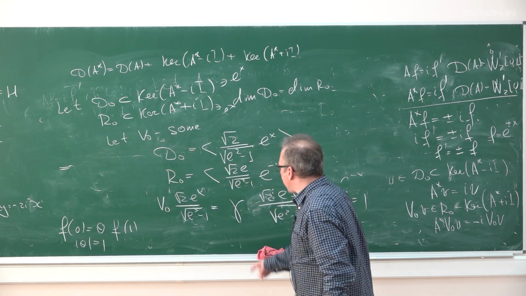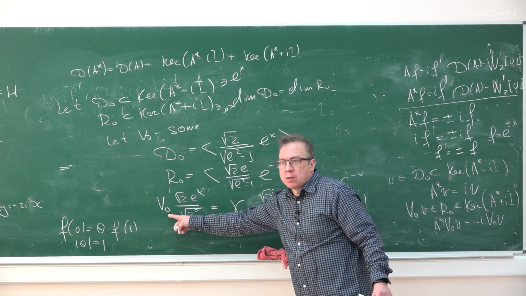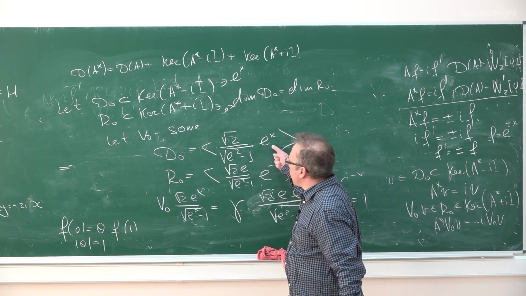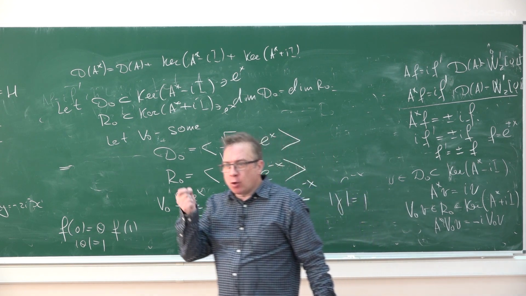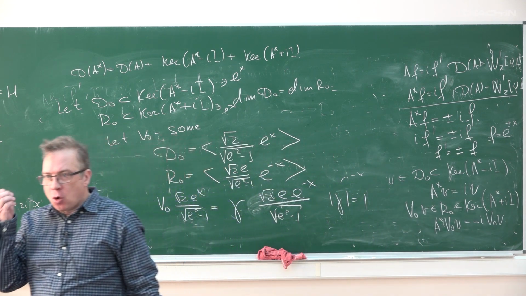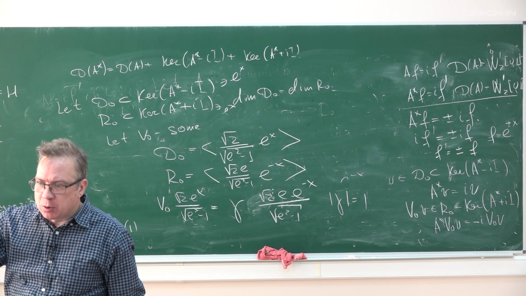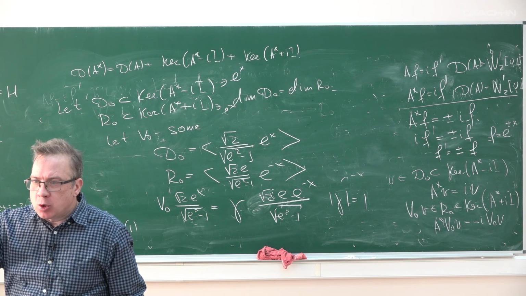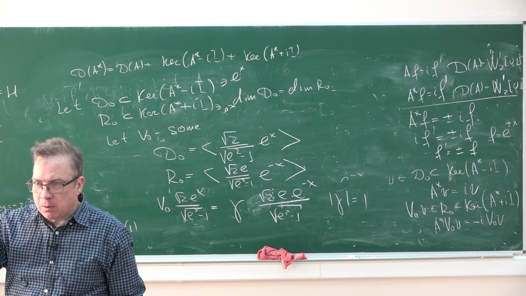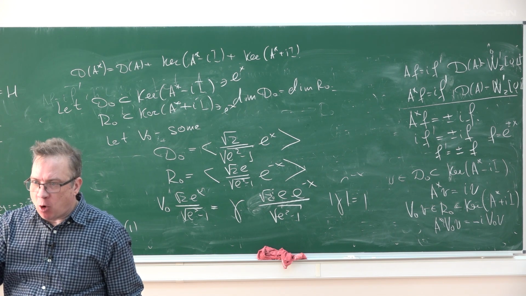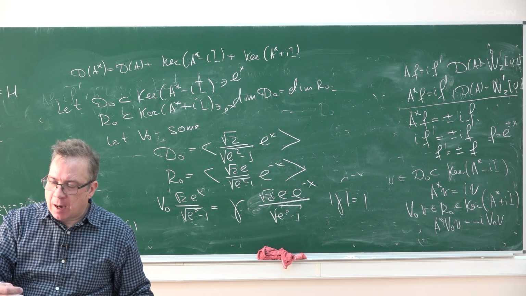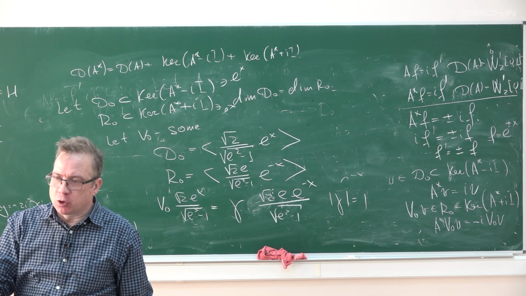It is just the operator V0. You have this one-dimensional space and this one-dimensional space. All unitary operators are multiplication by a number with absolute value equal to 1. You can take an arbitrary number. You have a lot of extensions, a one-dimensional family of extensions. Take one gamma, you obtain one self-adjoint extension.